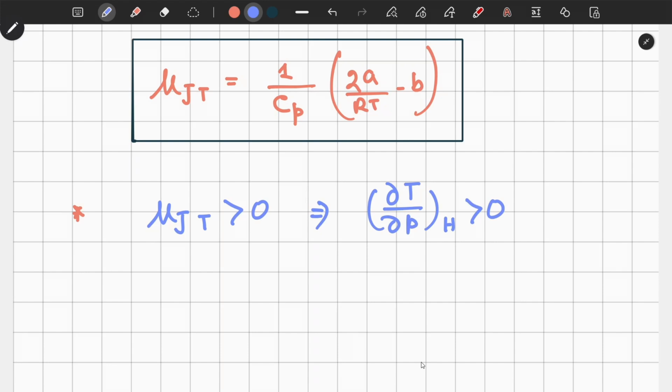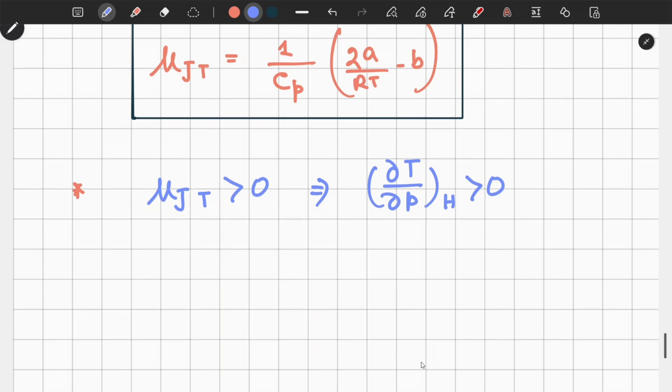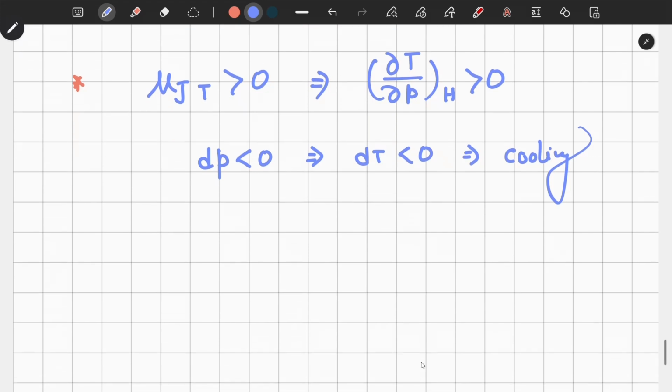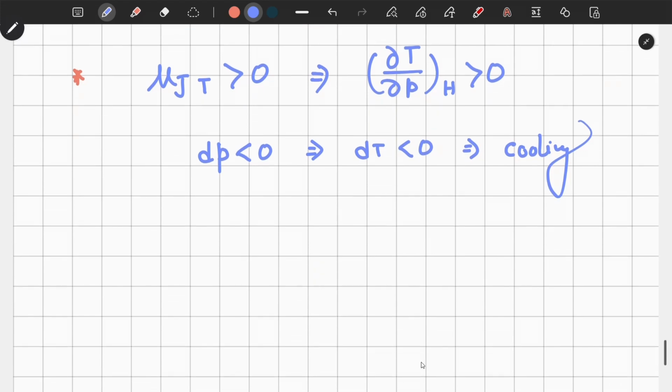And if you remember the experiment, the pressure was decreasing, changing from P1 to P2. If del P is negative, del T also means negative. Eventually it is cooling. So when mu JT is positive, it should be cooling, which means T2 is less than T1.